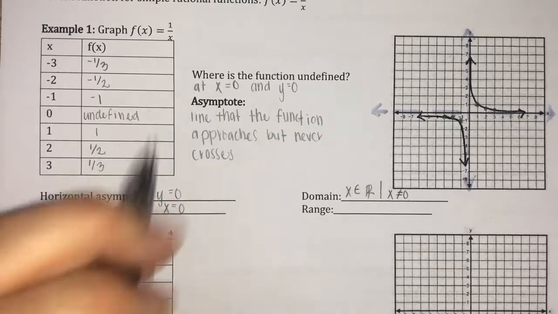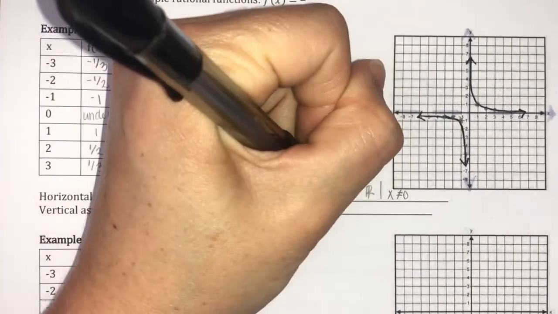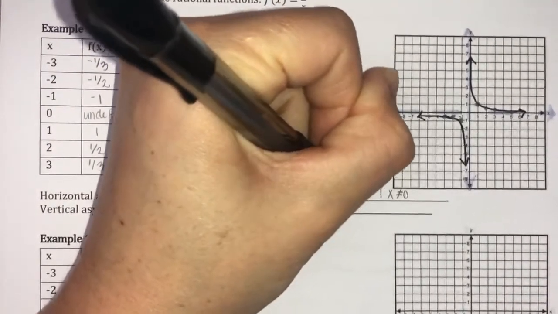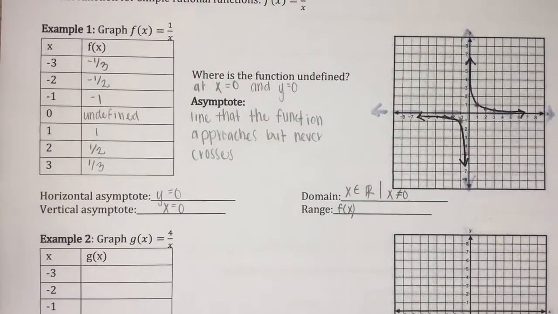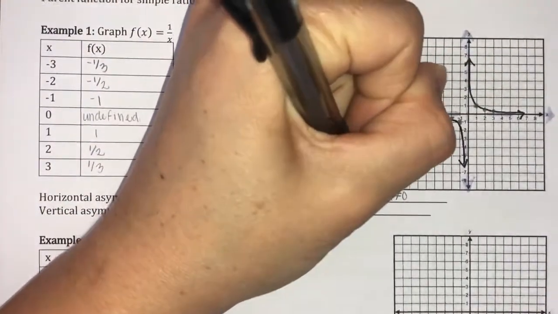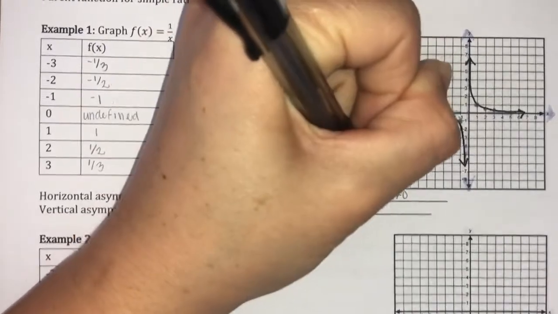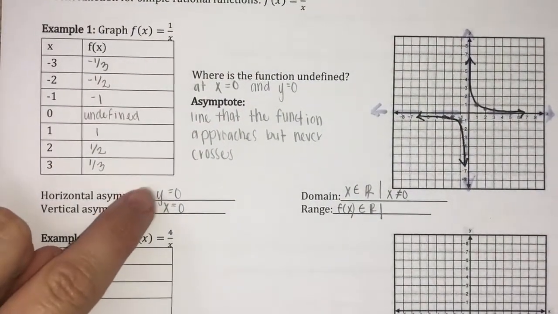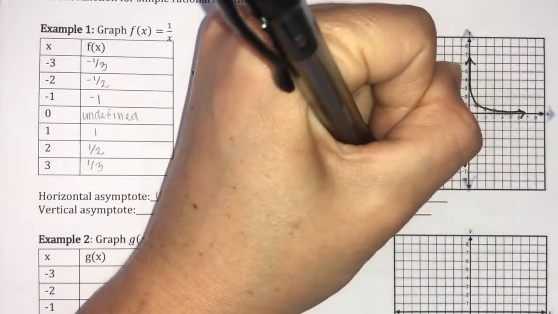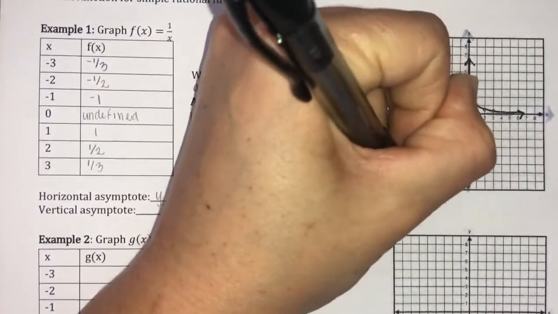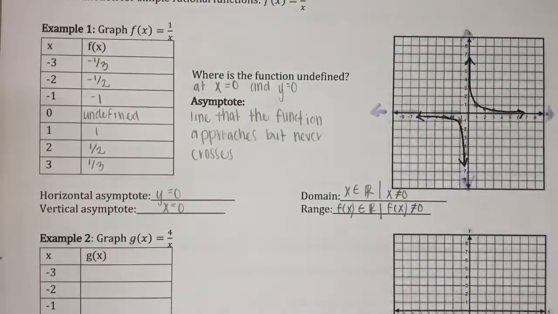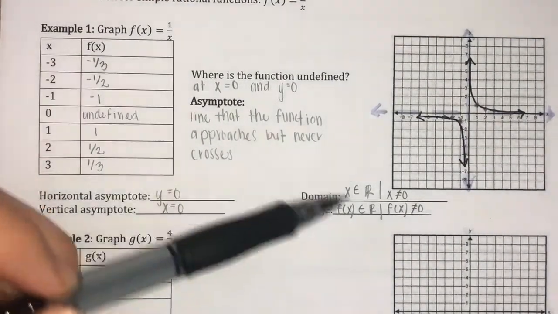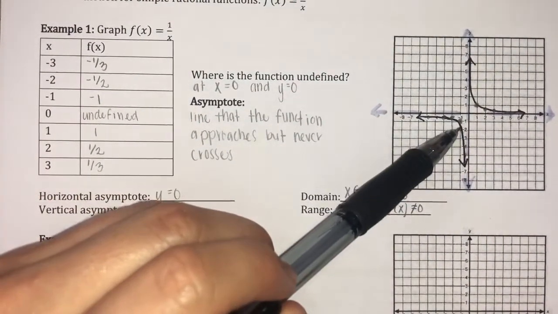And then for the range, it's a similar idea, but instead of x, it's now f of x. So f of x is within the set of all real numbers too, except f of x cannot be 0 because we have a horizontal asymptote at y equals 0. So if we look at all the possible x values, it looks like it goes on forever here.